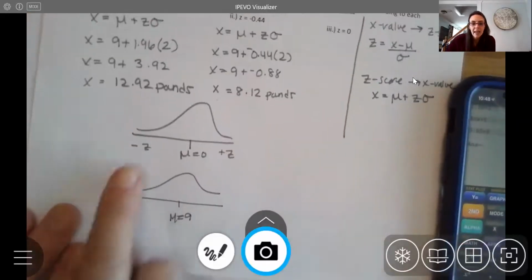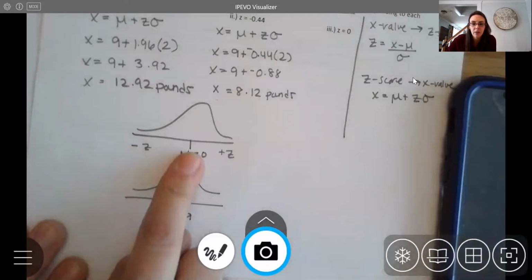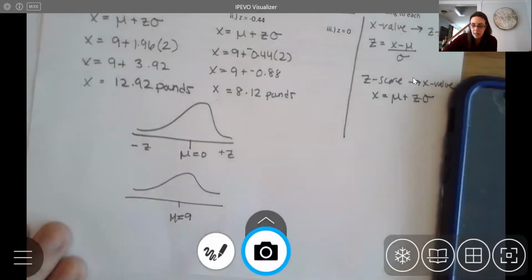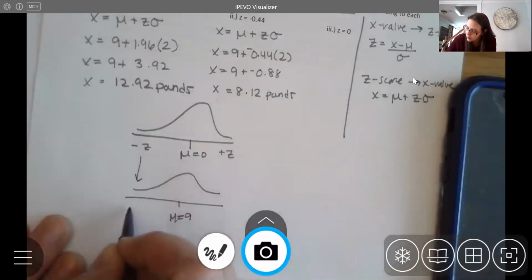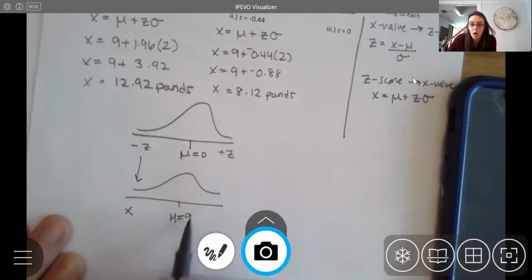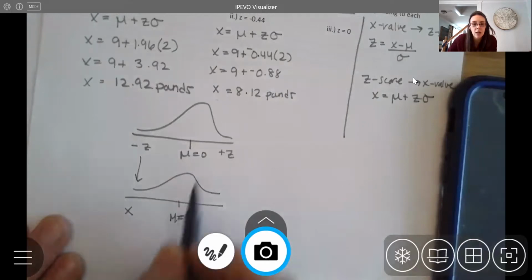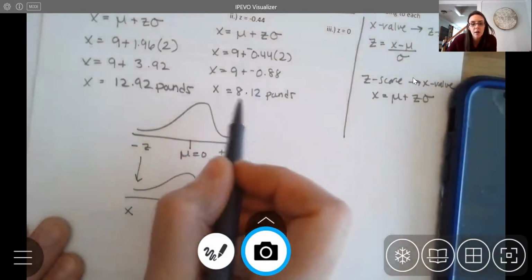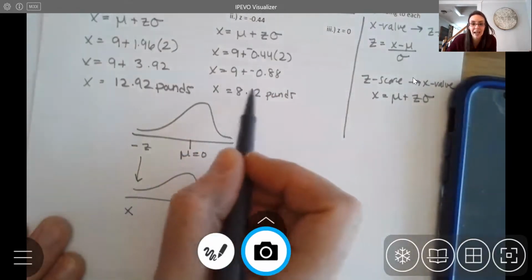A negative z-score is to the left of the mean, so the x value is going to be smaller than 9, right? Because instead of your center being 0, your center is 9 here. So it makes sense that a negative z-score would be for a weight that's less than 9 pounds.